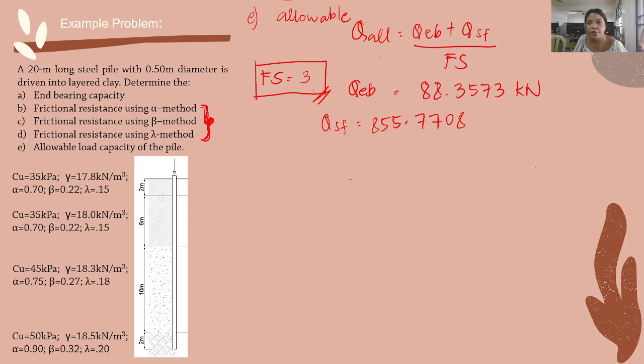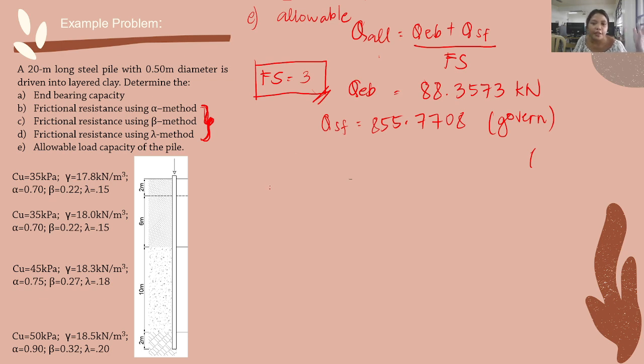So, ito yung mag-govern. Aantayin mo pa bang sobrang taas na ng load bago ka magkaroon ng factor of safety or bago mo siya i-consider na yun yung load mo? Medyo alanganin ka doon. So, ang nag-govern natin is 855.7708 which is the lowest frictional resistance na nakuha natin.